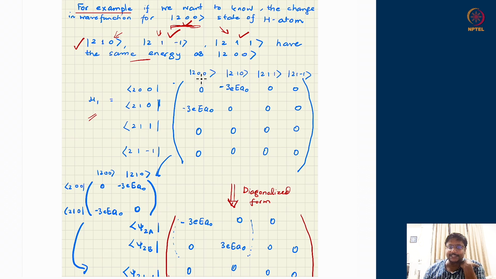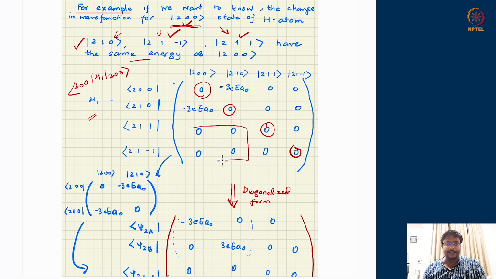If you do this exercise, which I am just skipping, but you know how to compute, you will take H1 between 200 and 200, and it will sit here. You will find out that this number vanishes. Actually, all diagonals vanish, and most of the off diagonals also vanish.